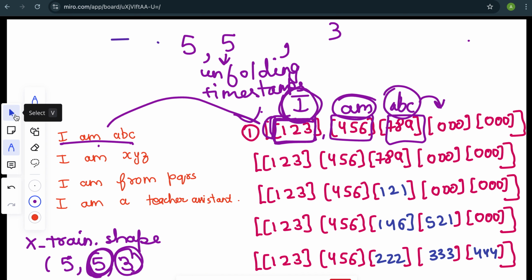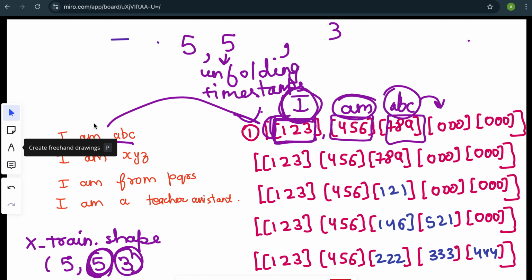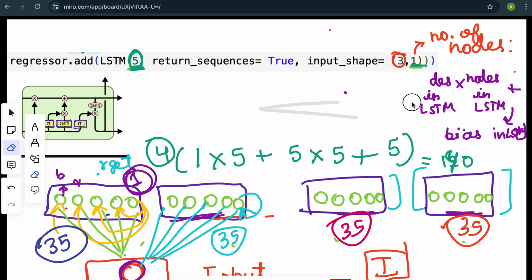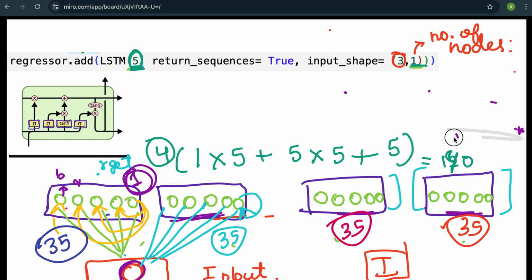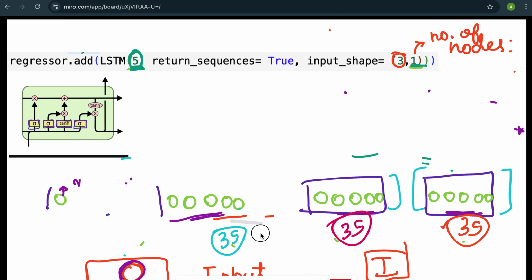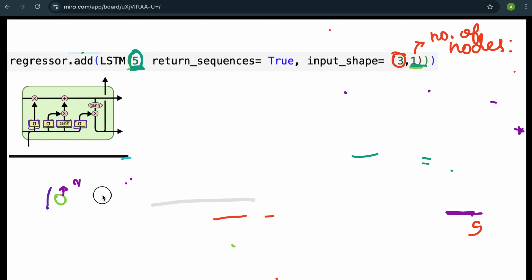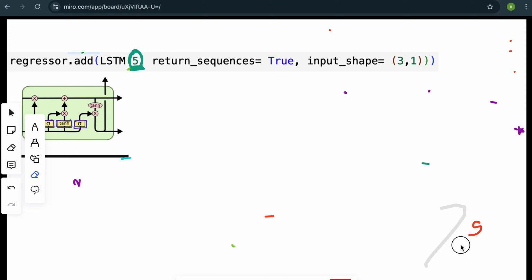After understanding how the shape works, let's try to understand how an LSTM works with the help of one example. I already did it, but let me erase it. First of all, we will try to do it with intuition, and then we will learn the formula. To feed the data into the LSTM architecture, we often write it as input shape.